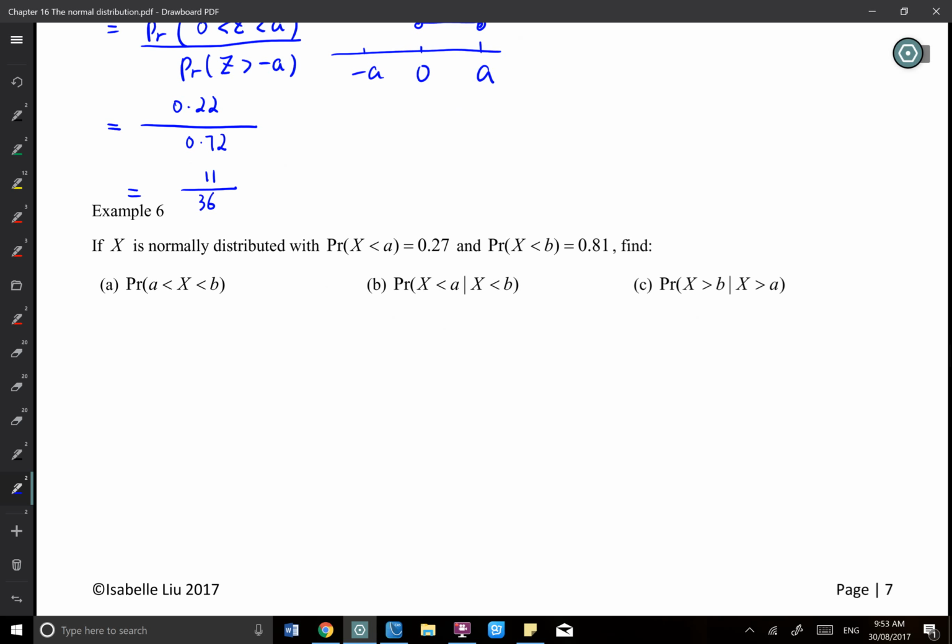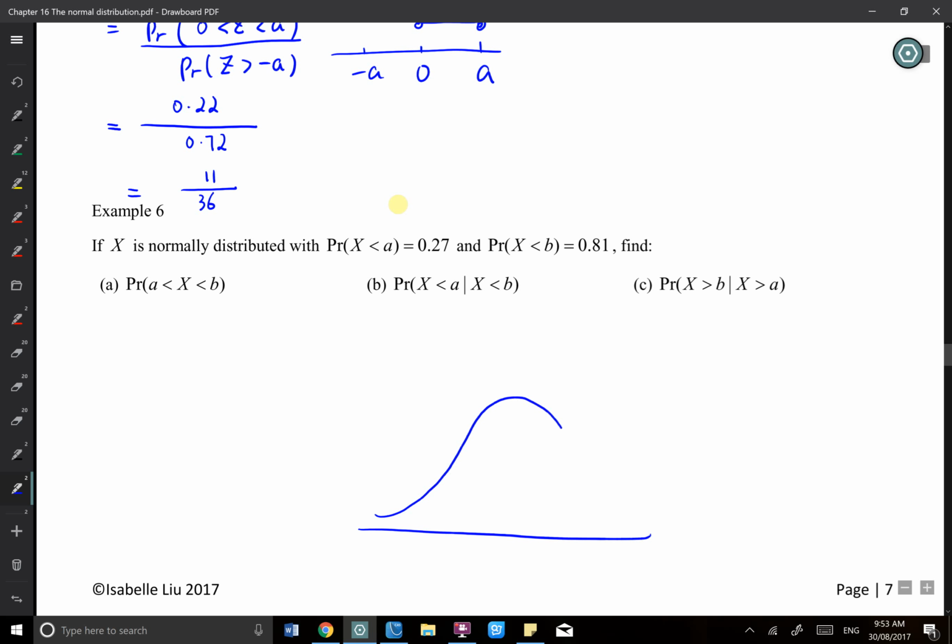Let's have a look at example 6. If x is normally distributed, with probabilities for x less than a and x less than b given, let's sketch this graph. The graph always helps. It's a normal distribution without saying where mu is, so I just draw a graph like that. Here is the mu; it's always helpful to sketch the mu.